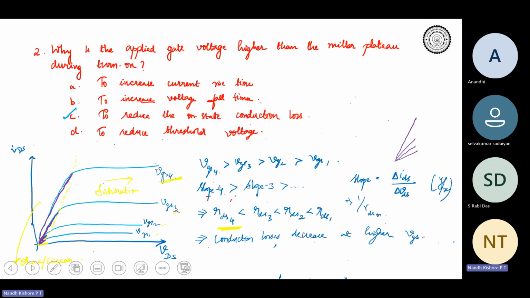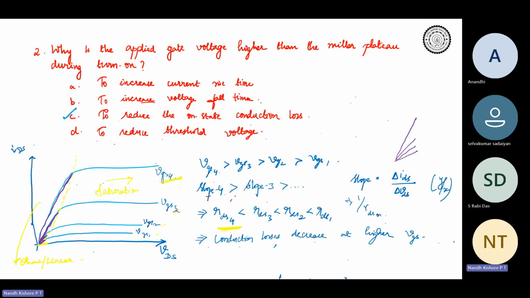Before the threshold, the device was in the cutoff region and doesn't conduct any current. But once the device hits the threshold voltage, in which region is the device operating right now, just after the gate source voltage becomes more than threshold?